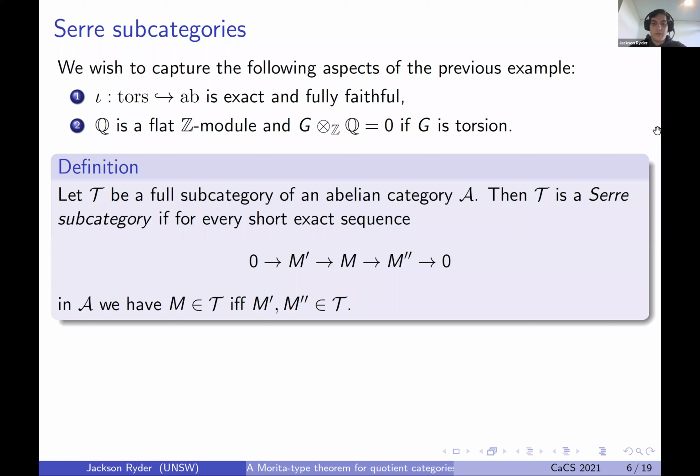This means that T is closed under sub-objects, quotient objects, and extensions. And this exactly tells us that the inclusion of this full subcategory into A is exact and fully faithful. So this ticks off our first condition.